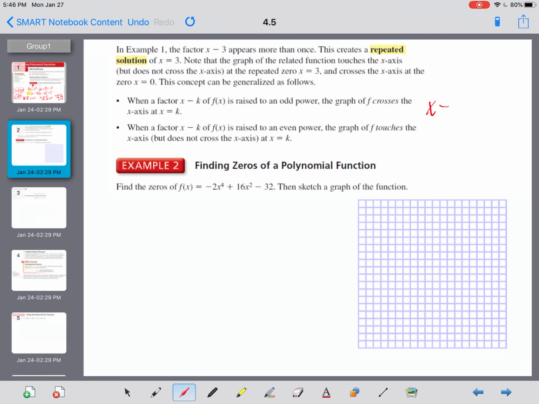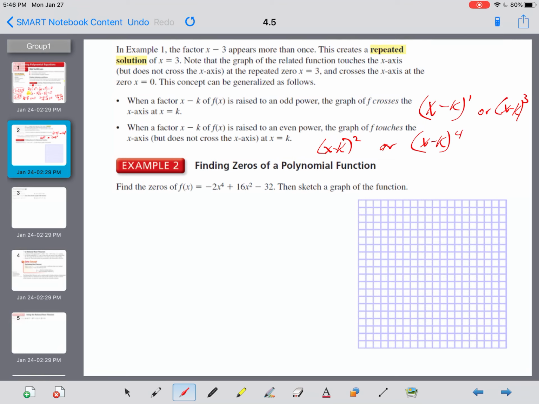So if you have x minus k to the first or x minus k to the third, it's going to cross. If it's an even power, like x minus k squared, or x minus k to the fourth, that's going to just touch the graph at the x-axis.